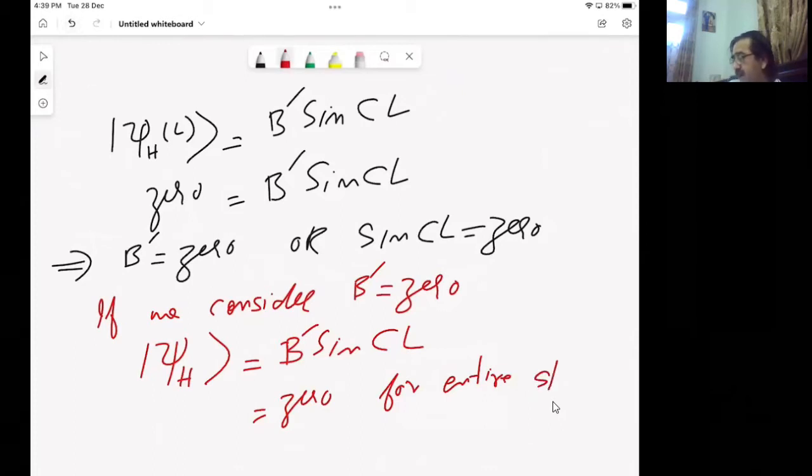This becomes 0 for the entire space. If it is 0 for the entire space, then it means there is no particle in the potential well.